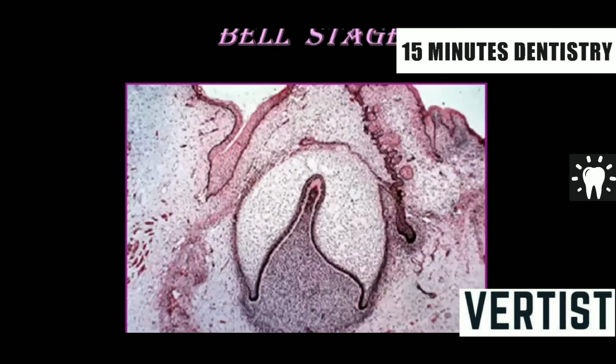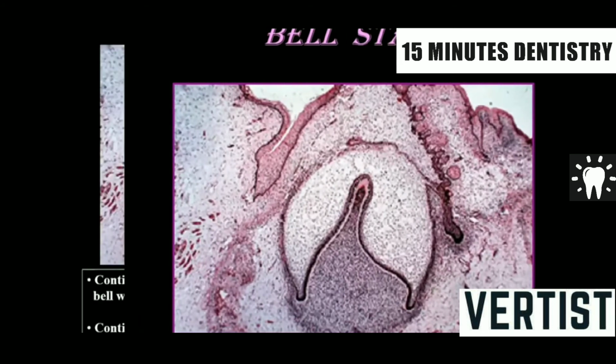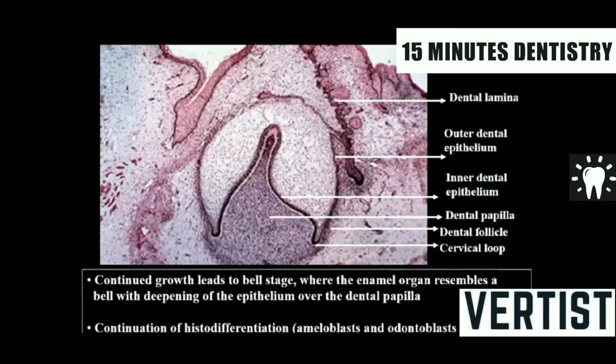After cap stage we get bell stage, and in the bell stage it becomes more organized. In the bell stage you will get dental lamina, outer dental epithelium, inner dental epithelium, dental papilla, stellate reticulum, cervical loop.